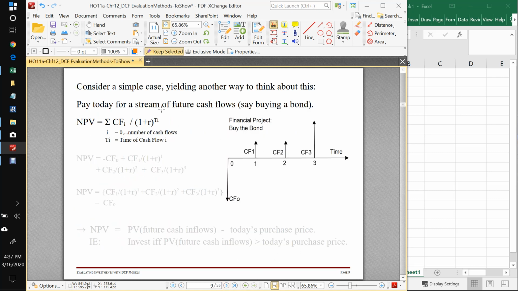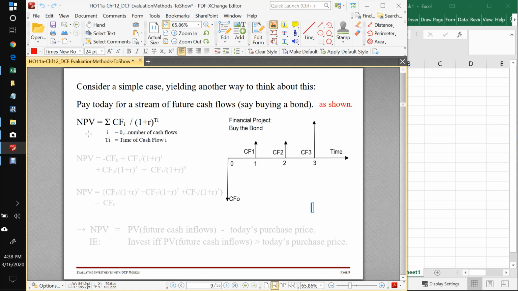So for a simple case, I'll present quickly another way to think about this. Let's say we were paying today for a stream of future cash flows as illustrated here. Okay, so we have something like this where CF0 could be the price that we're paying for a bond, and these are the contractual cash flows that were promised from the bond contract.